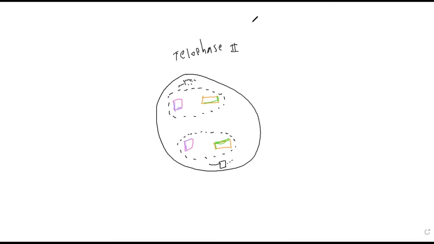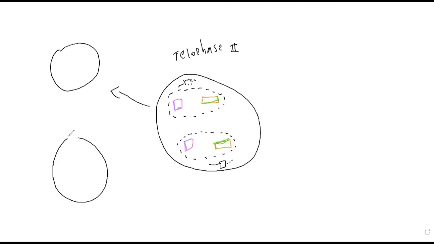And then we are going to have the cell split into 2, which is going to form cytokinesis. And at the end of cytokinesis, you're going to have 2, well, actually a total of 4, genetically unique haploid cells. Because as you see here, on each side of the cell, there's only one of each chromosome. And it's going to look like this.